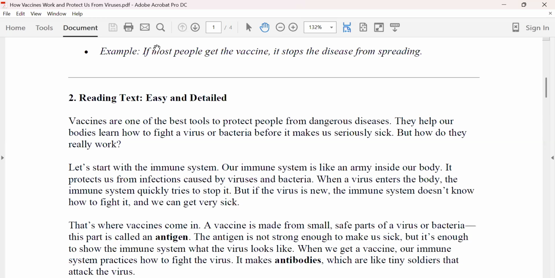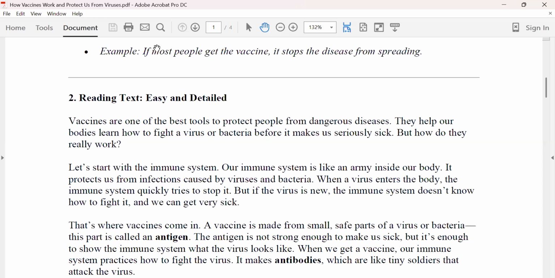So when they win, your body knows this is how to fight. They know the technique, the way to fight. So when the real virus comes, they just respond and fight and kill it immediately. So you don't get sick. It's simple like that.